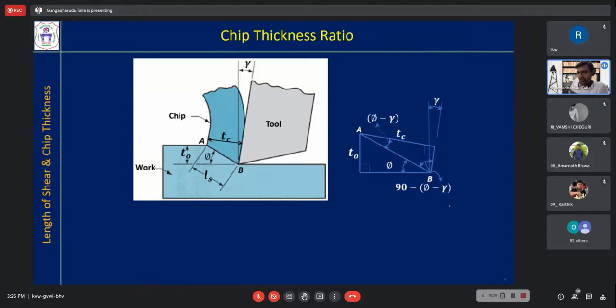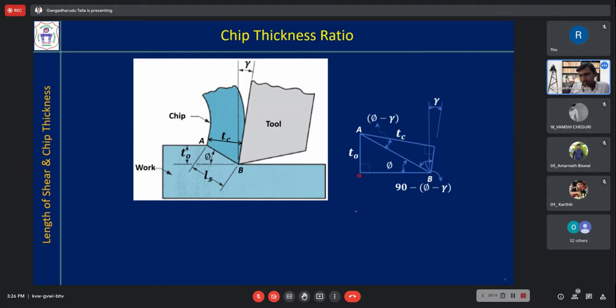Now we will use these two triangles and try to get the relation. What is the common thing in these triangles? That is AB, its length is LS. In different ways you can get it. For our convenience, we can give some names here.